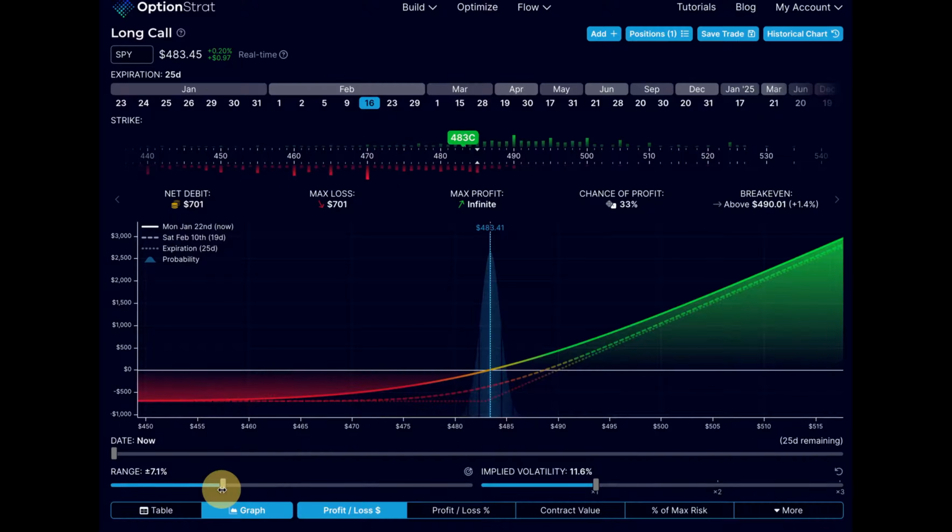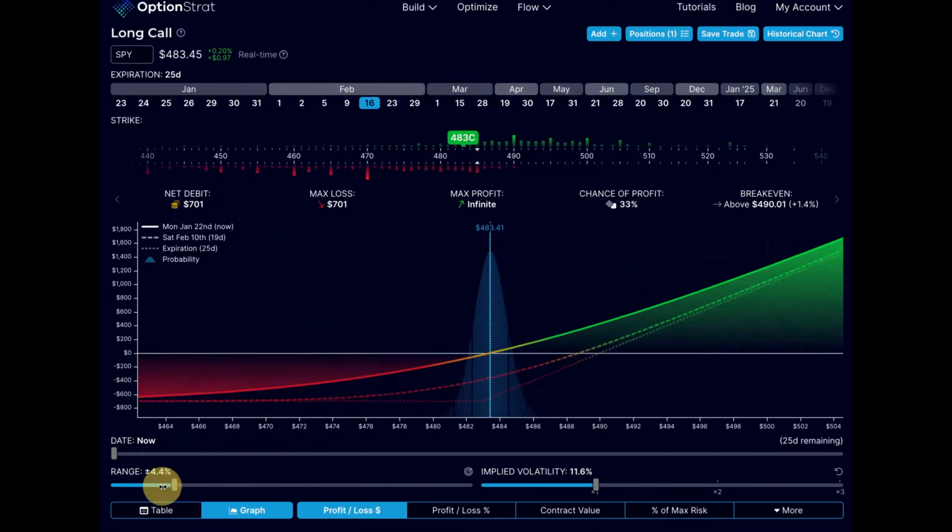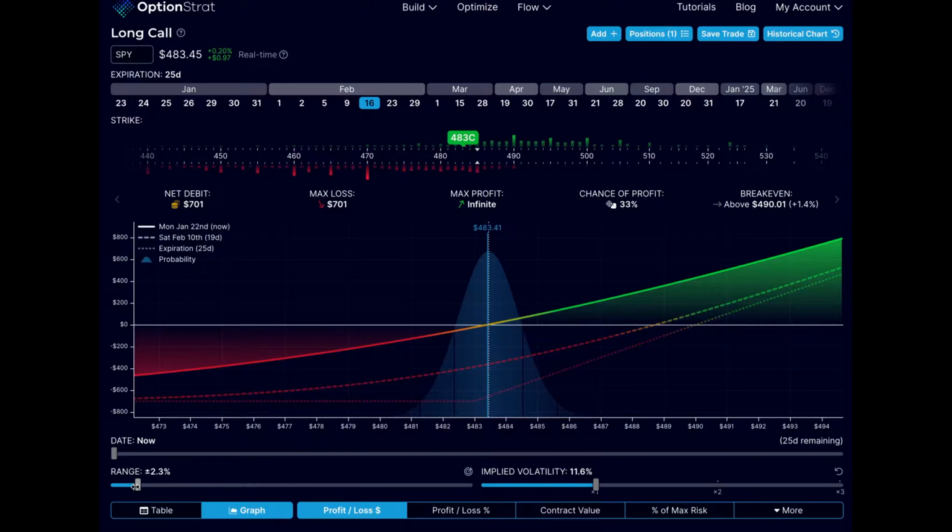So I can see, well, what happens if the market goes up to $510? Well, I couldn't see that when we were back at this point right here. I should also note here that all of the pricing and modeling here updates in real time in the paid version. If you have the free version, there's going to be about a 15-minute delay in pricing.